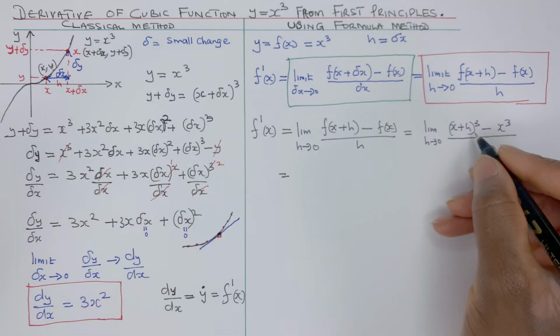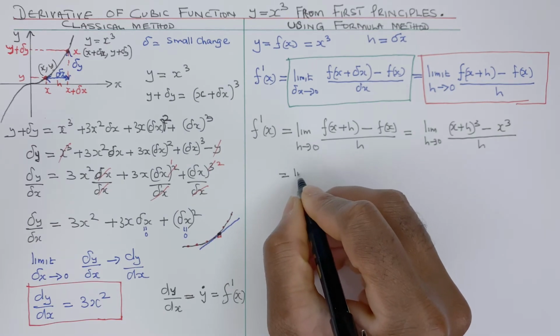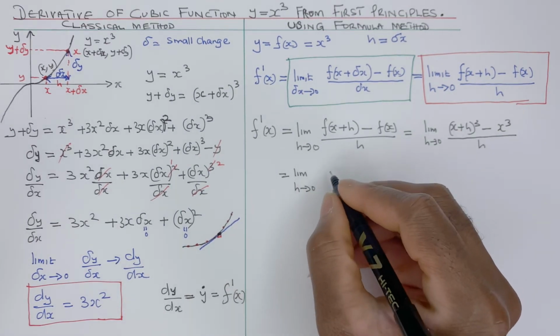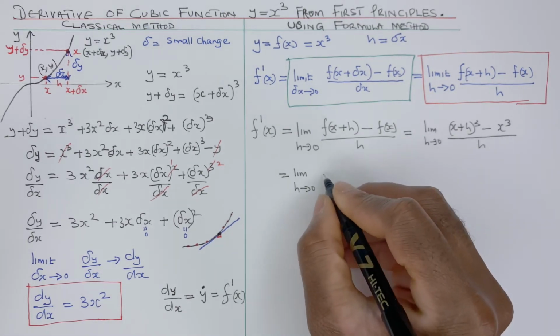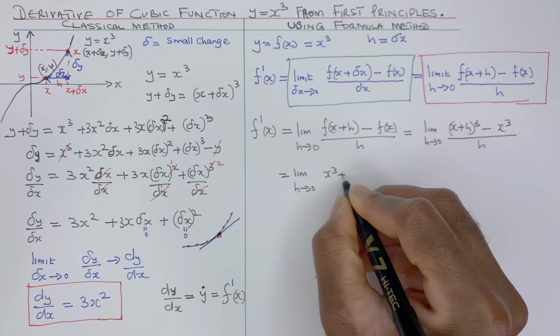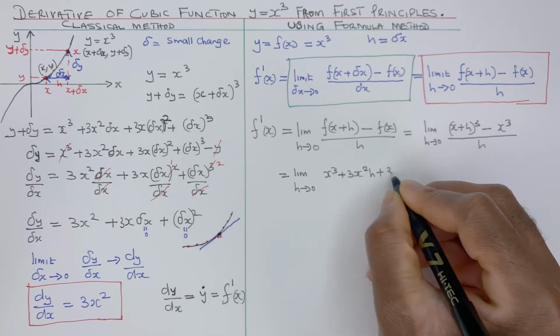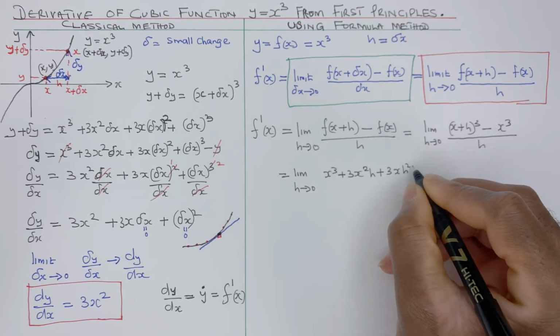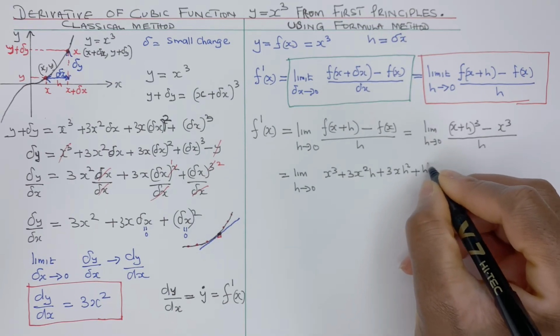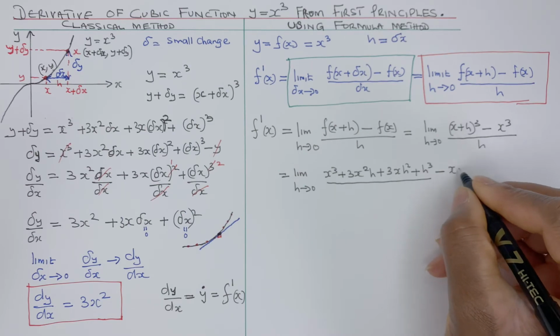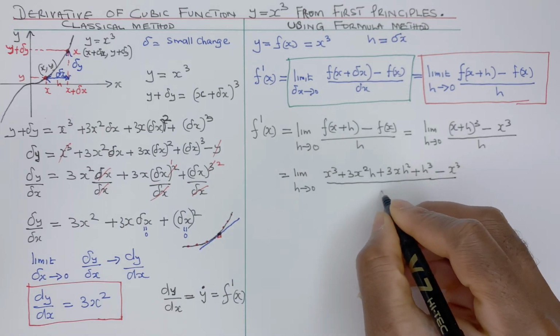Now when we expand that, we still write limit. We always have to write limit h tends to 0. And then when we expand this one, we get x cubed plus 3x squared h plus 3x h squared plus h cubed, minus x cubed, over h.